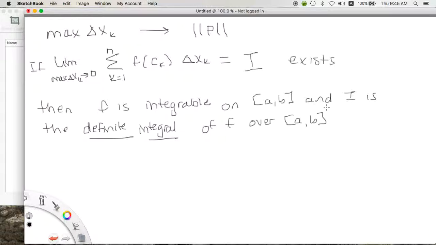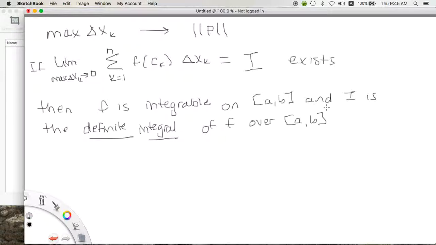Now, if f is continuous, then it is integrable. Okay, we don't have as many restrictions as we do with differentiability. It is integrable if it is continuous.